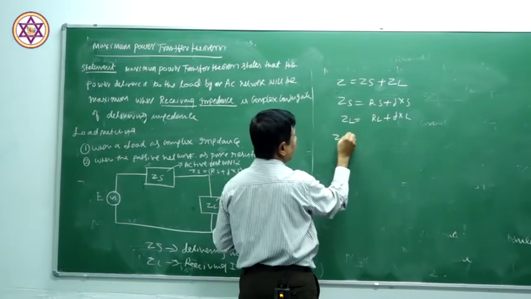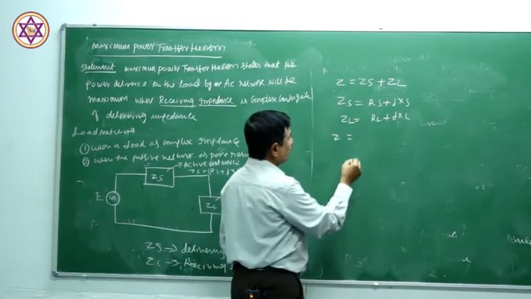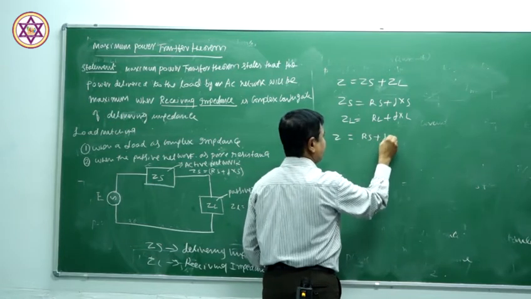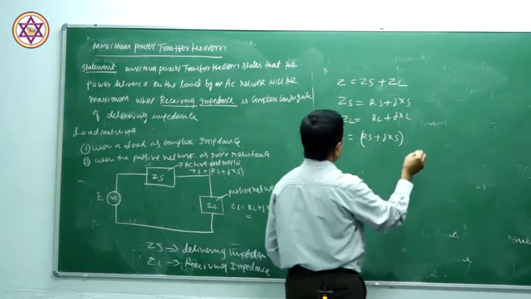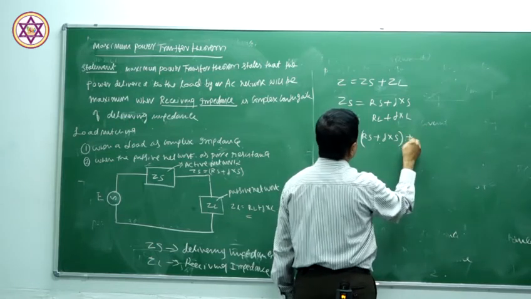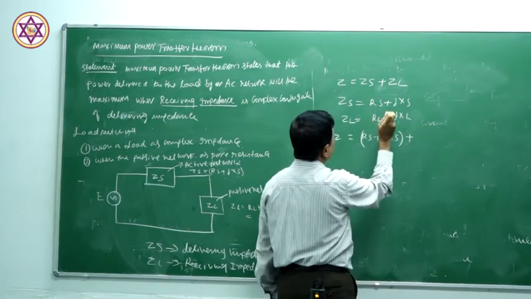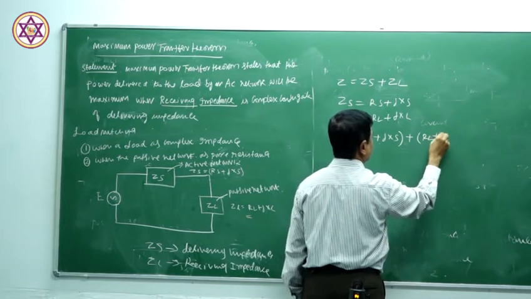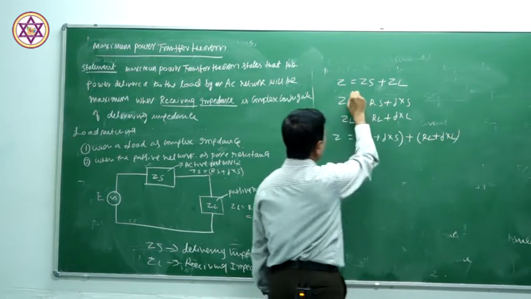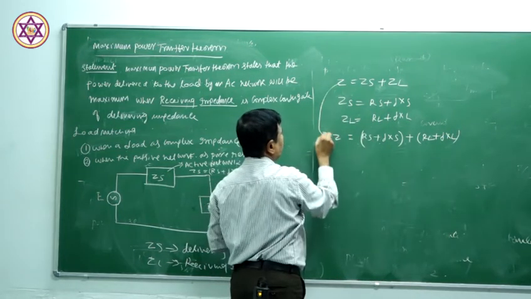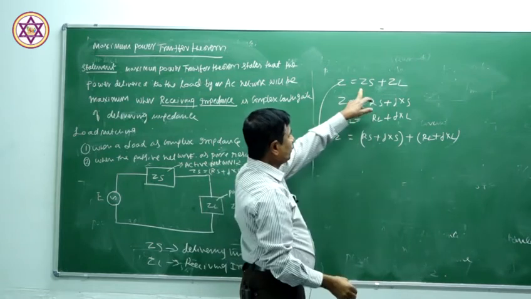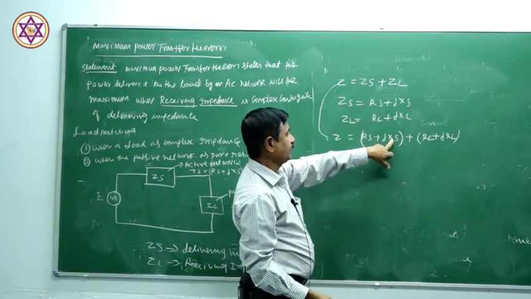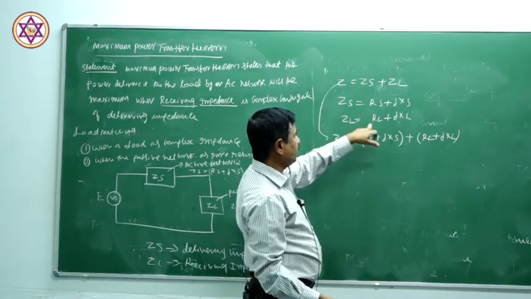So Z becomes RS plus jXS plus RL plus jXL, since Z is equal to ZS plus ZL.